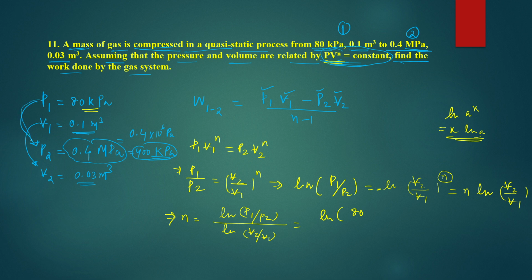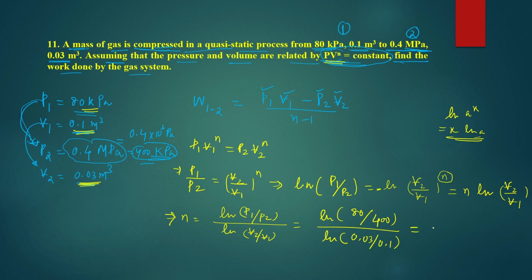Here you can see pressure is increased from 80 kilopascal to 400 kilopascal. Now we'll be using these values, 80 divided by 400, divided by ln V2 by V1. V2 is 0.03 and V1 is 0.1, right? So 0.03 divided by 0.1.